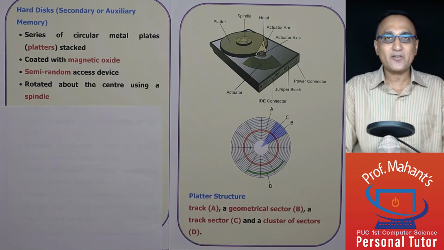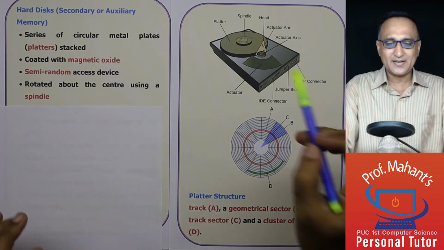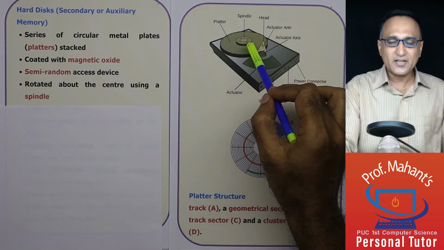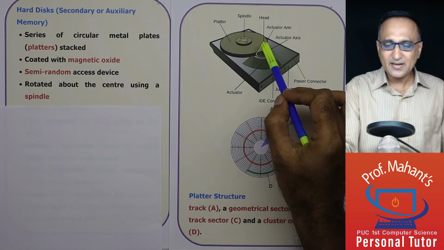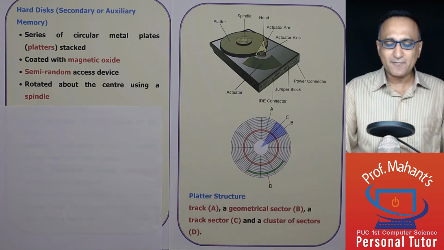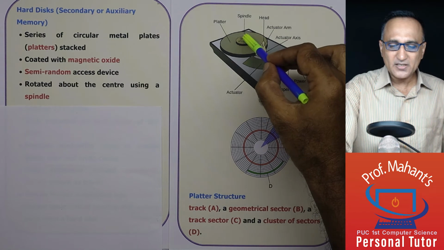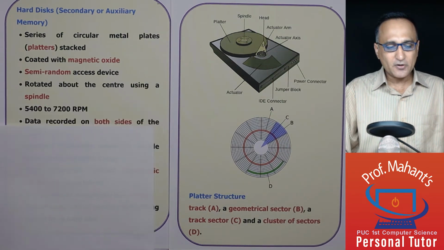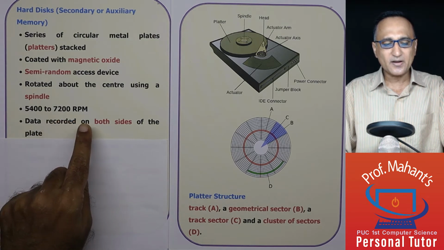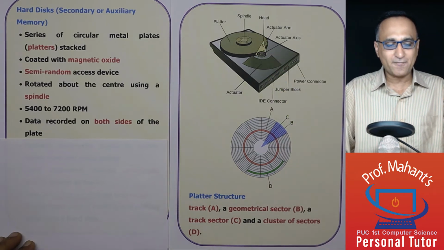You can think of it like when you go for a marriage buffet, they have kept a number of plates stacked. So you call it a platter. The top and bottom are coated with magnetic oxide. Then you use the read-write heads, which are on top as well as bottom of every plate, so that you can read faster. Now these plates are rotated about the spindle. The average speed of rotation is between 5400 to 7200 revolutions per minute. At high speed it can rotate, so you can read data fast.